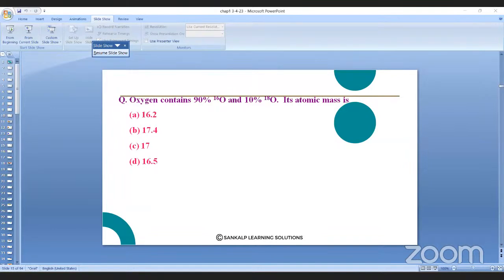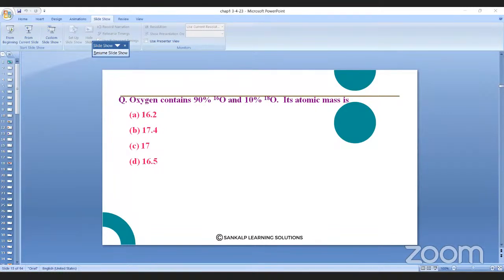It is called equivalent mass. Whenever the equivalent mass of a substance is expressed in grams, it is called gram equivalent mass. So what is the formula of gram equivalent mass? Gram equivalent mass is mass of a substance in grams upon gram equivalent mass of a substance. So this is the particular formula to find out the gram equivalent mass.